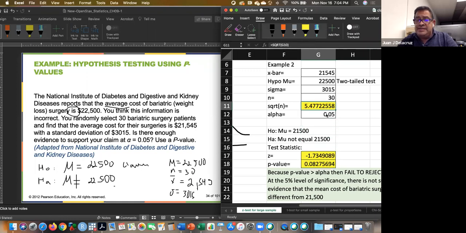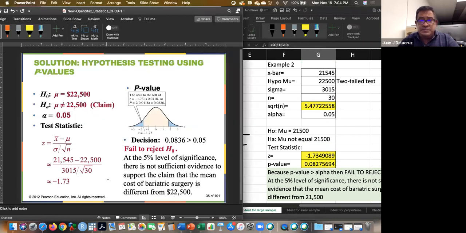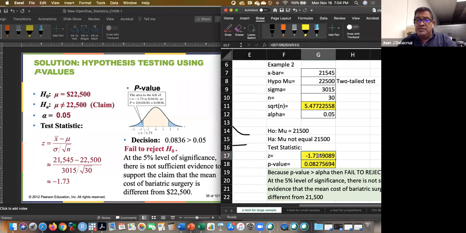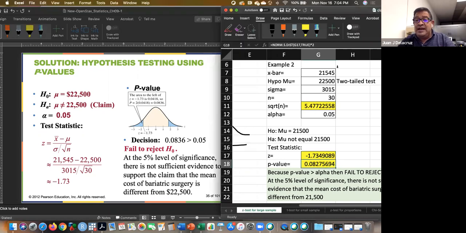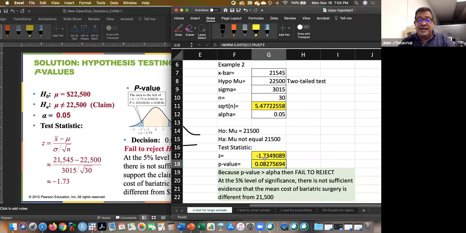So how did I find this? This is the p-value. Whatever p-value I found here, it's gonna be multiplied by 2. So let me see, yeah, this is the value. So the p-value is 8%.